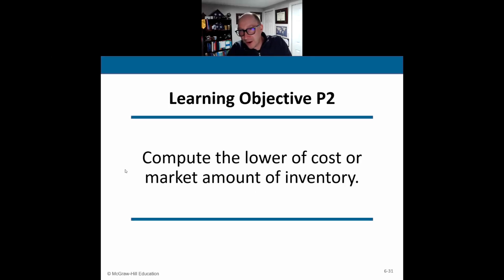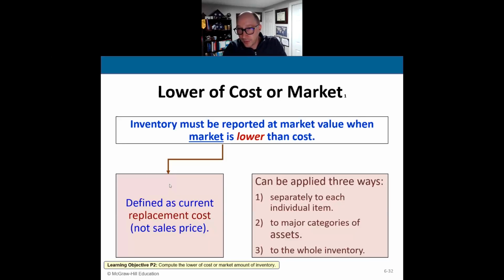One of the last parts I wanted to talk to you about today related to inventory cost is what we call the lower of cost or market. This is a very simple concept. It means that we're going to report our inventory either at market value or at its cost, whichever is lowest.